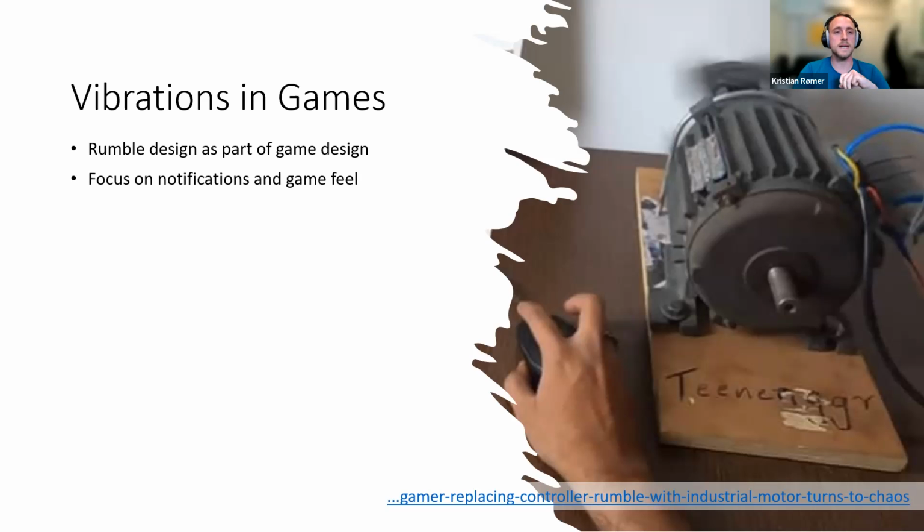And the focus there has been a lot about notification and game feel. So like shooting a weapon or getting a ping when an important moment has happened. It has traditionally been run by data-driven approaches, where you would get data from the game either directly from the programmers or maybe with an interface like Wwise Motion source, where you can control and create vibrations.